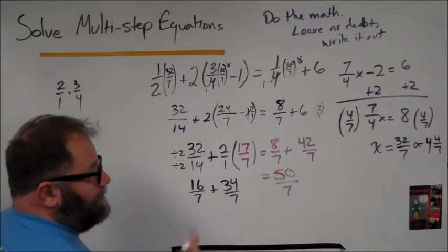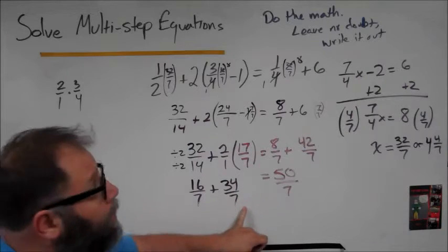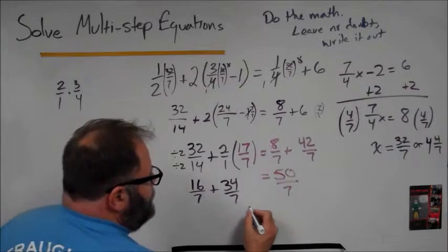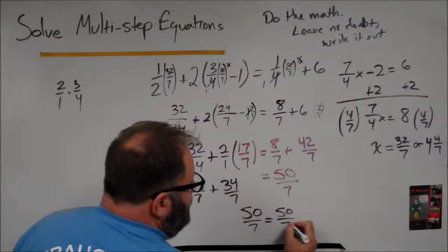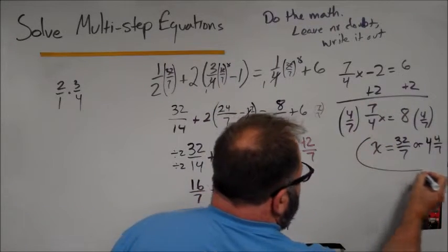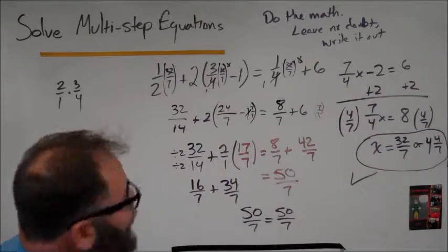Look at this. 16/7 plus 34/7 gives us 50/7 equals 50/7, which means our original solution all the way back here checks.